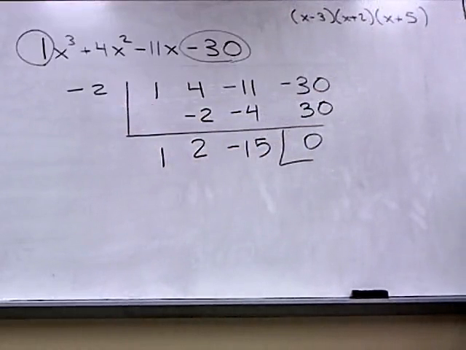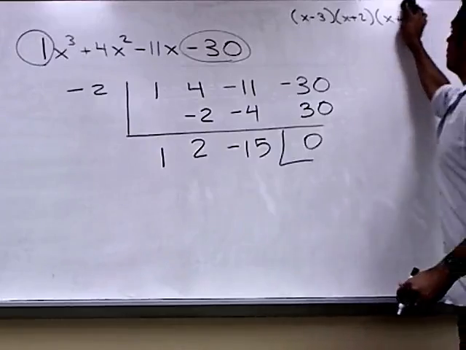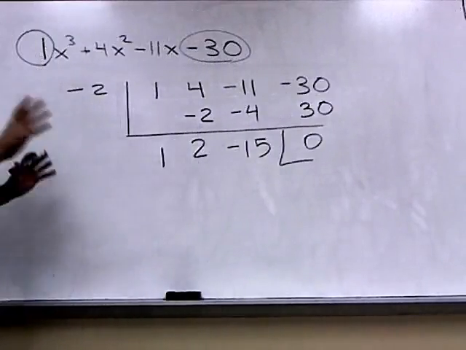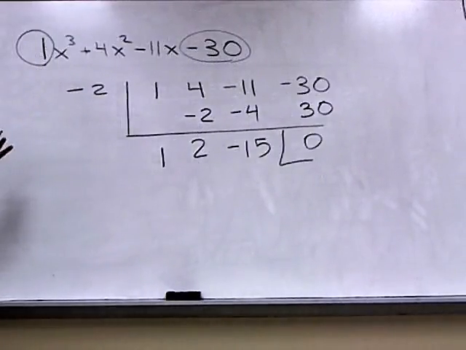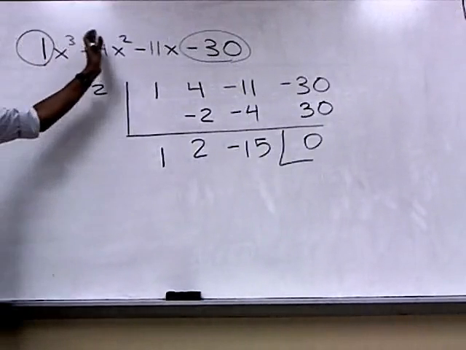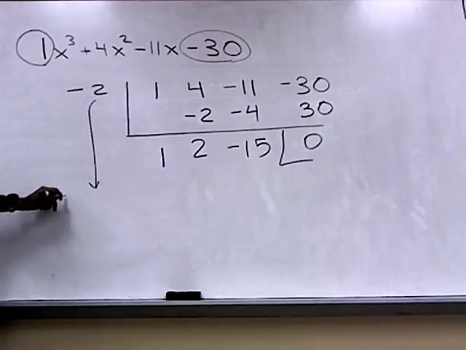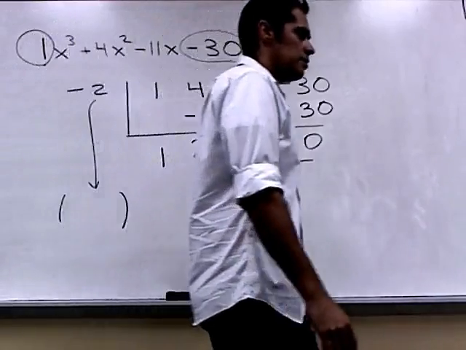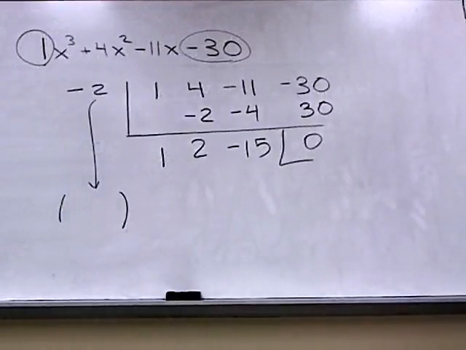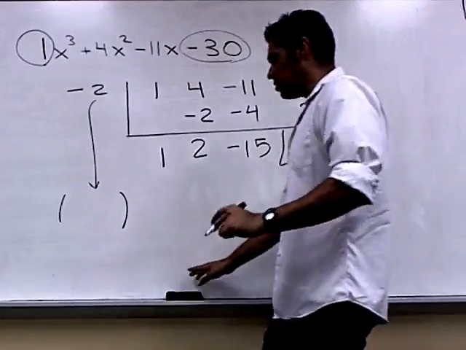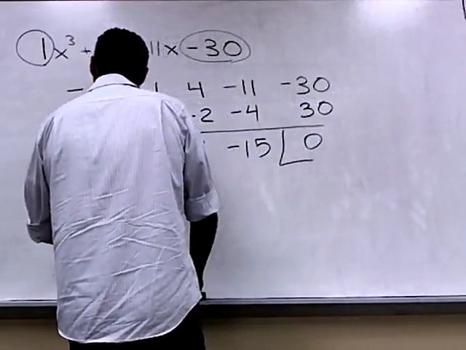Okay? So now what do we do with this? This is the most important part of this. If it works, then we're trying to factor this, right? You're going to take the -2 and create a factor from it, and that factor is going to be what? x plus 2, right?